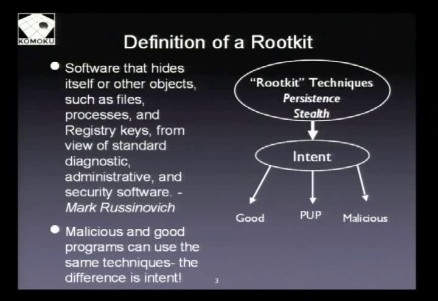You can potentially have good software, where the intentions of the author were good, but it's doing some things that are not in concert with the way the user wants to use that system. So you break it down into good programs that are using some of these techniques, potentially unwanted programs that are using these techniques, and then, of course, the flat-out malicious programs that want to do great damage and harm to you.